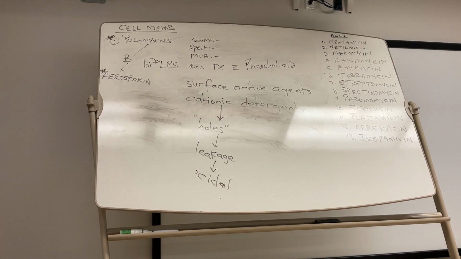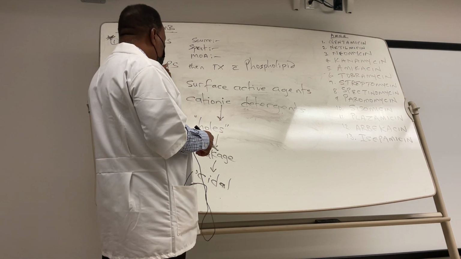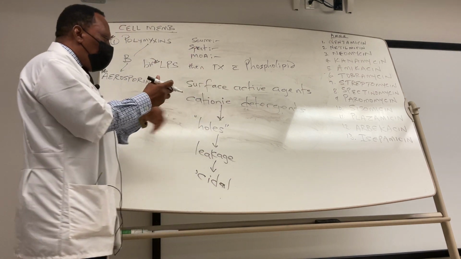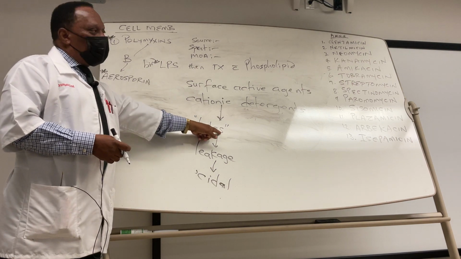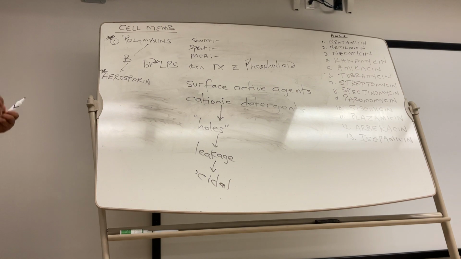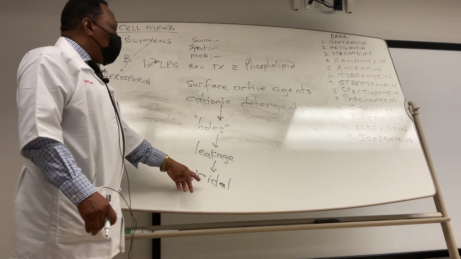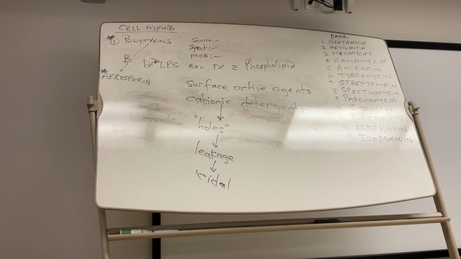So that's the way polymyxins work. As cationic detergents, they bind to the LPS, lipopolysaccharide, and then they will react with the phospholipid of the membrane. They will create channels or holes in the membrane. The internal medium of the bacterium will leak out, and the bacteria will die. So they are bactericidal agents.